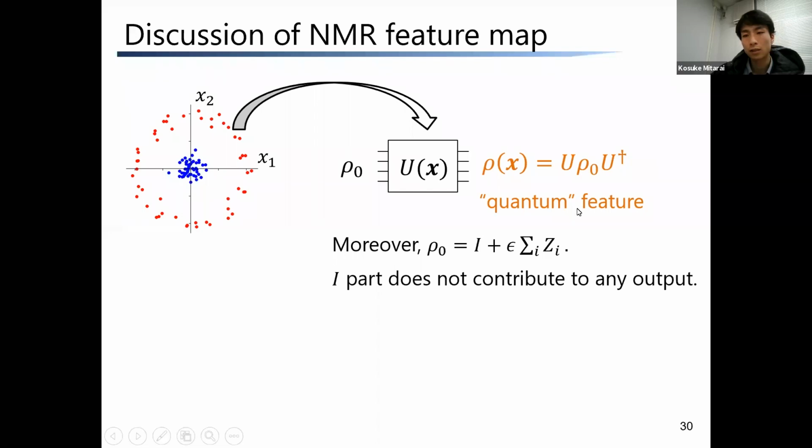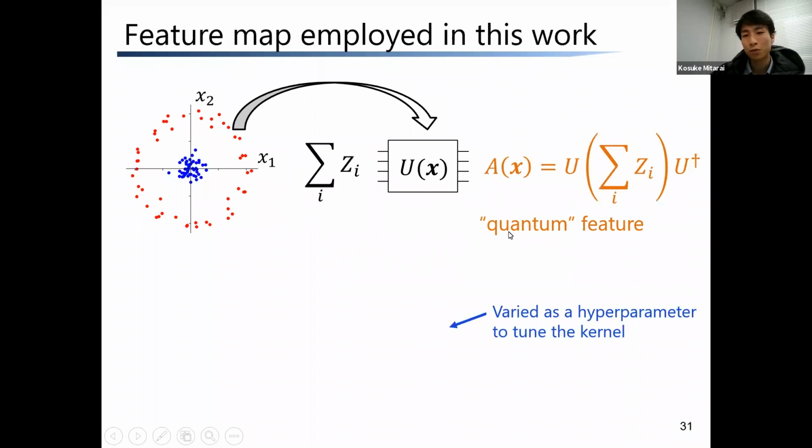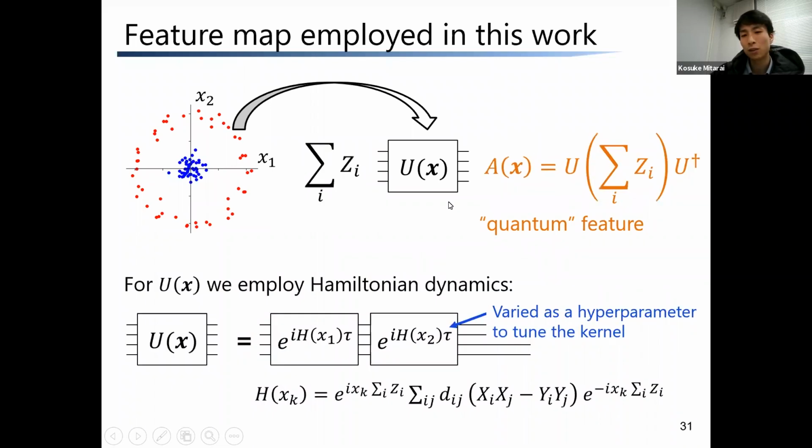And as in the question, this I part does not contribute to any output. So we further modify this quantum feature. We just assume the input is sigma z, the sum of the Pauli z operators, and we consider this operator AX as a quantum feature.